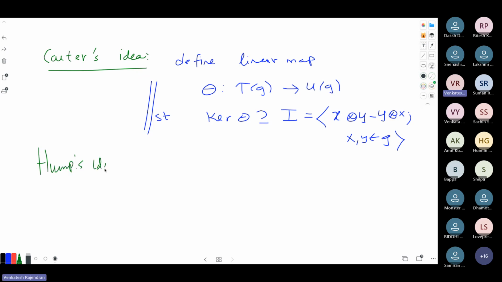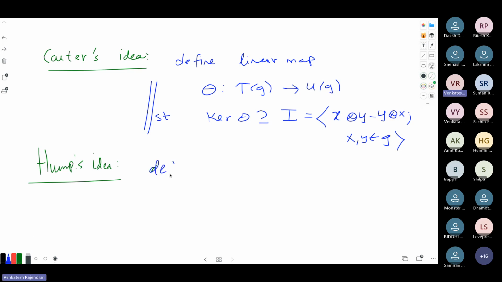Humphreys actually just takes this proof from Bourbaki. It says you make UG act on this SG. Basically, to make UG act, you can actually make G act.